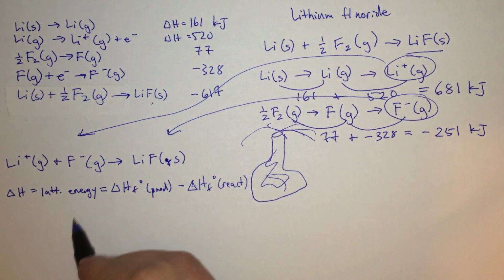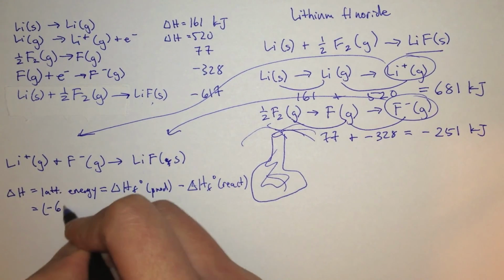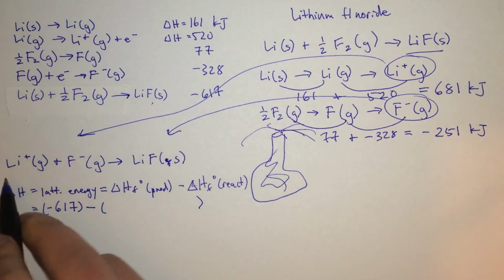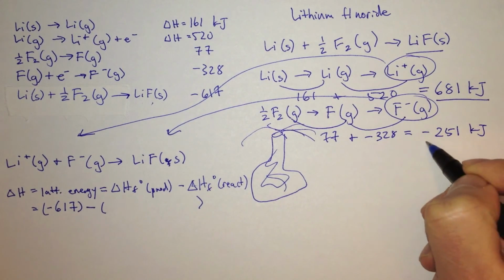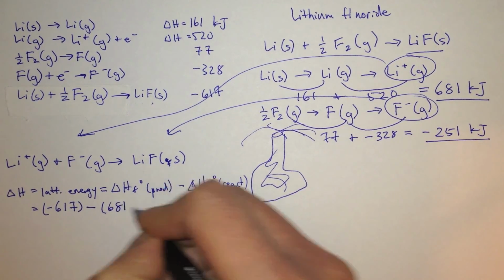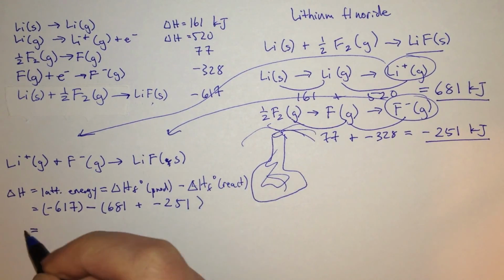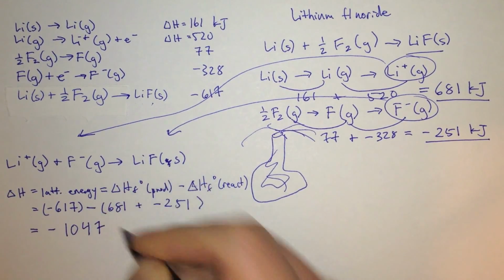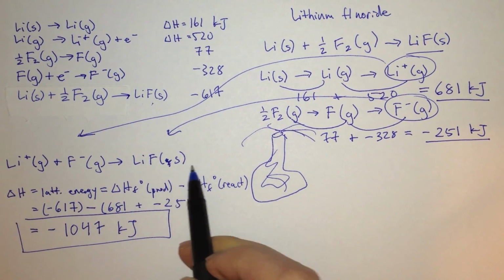So let's use those values, and we get negative 617 minus the sum of the heat of formation of the products, which was 681 plus negative 251. And this is equal to negative 1,047 kilojoules. And that's the lattice energy of lithium fluoride.